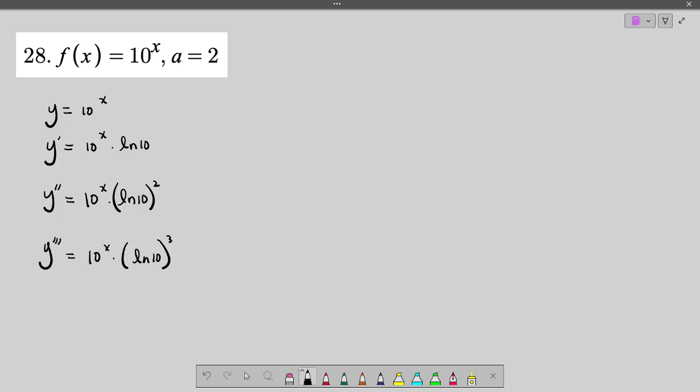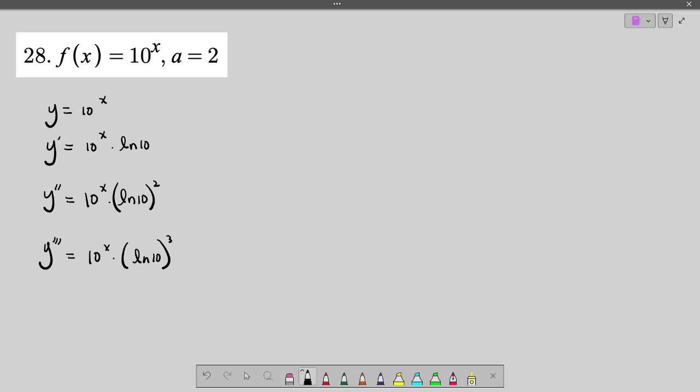Any issues with derivatives? Oh, but this is a constant, so you don't have to use product rule.